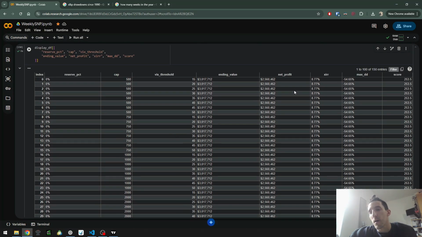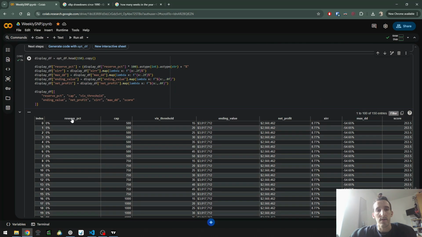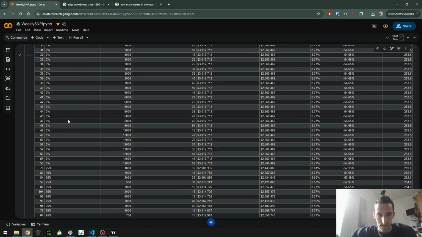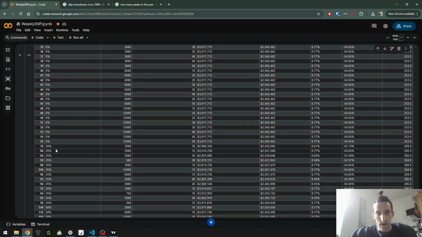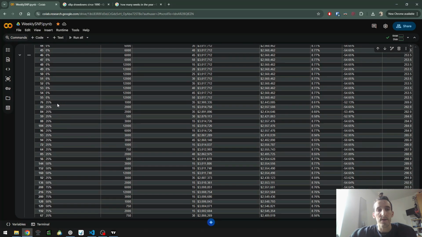So yeah, we can obviously see that the best net profit comes with the least reserve percentage. And then when we actually increase the reserve percentage, the best profits come with quadrupling or more our bets when the VIX is above any number.